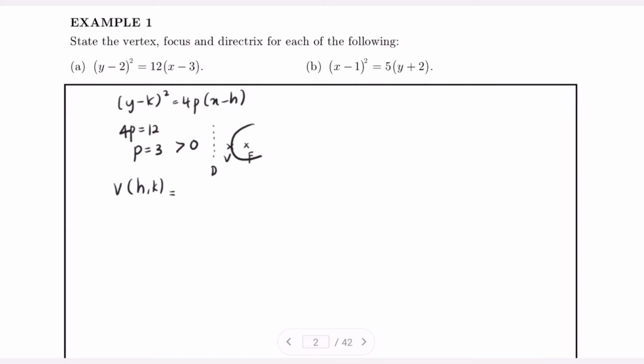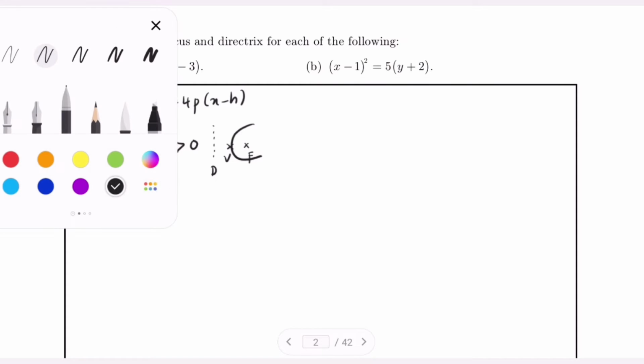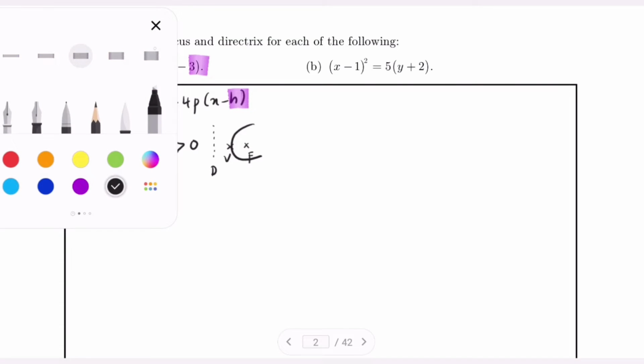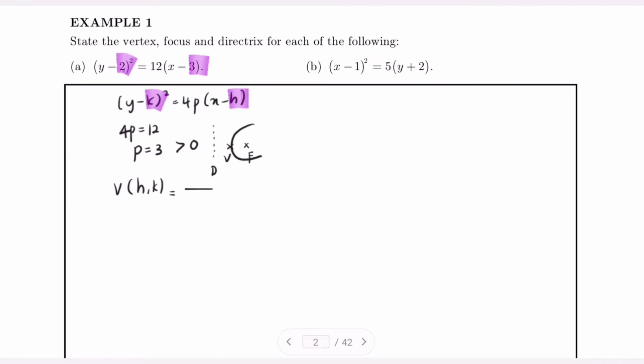So first, let's write down the vertex. We're going to compare with the formula and get h as 3 and k as 2. So for the focus, like I said before, k will remain the same, so you're going to add p to the h.